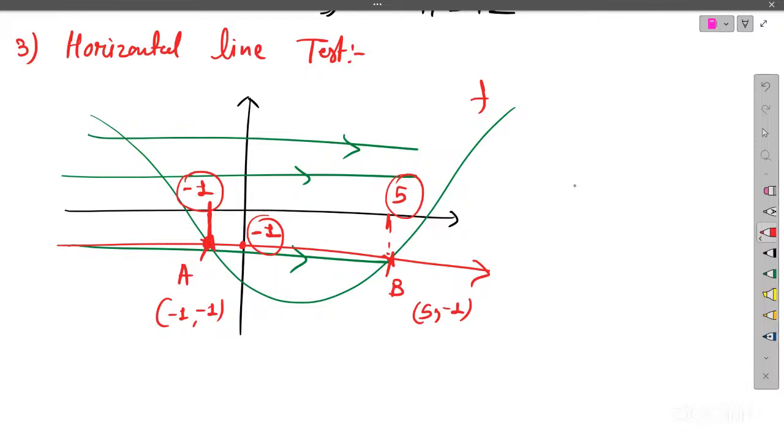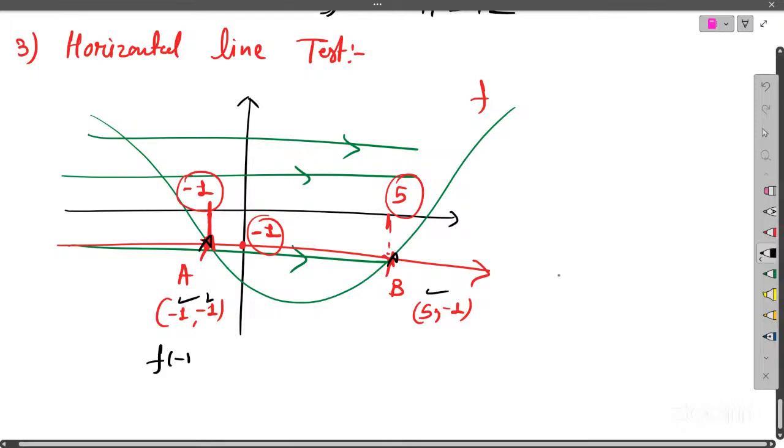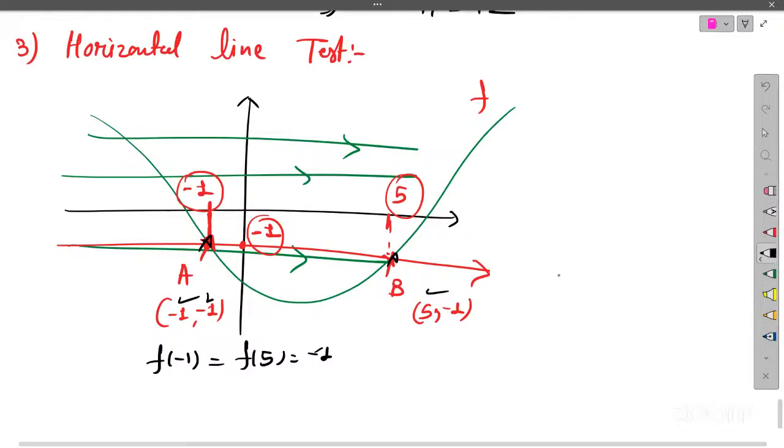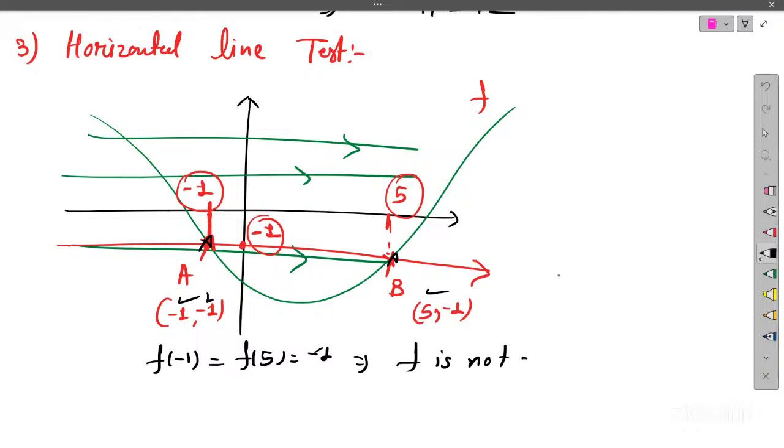So here what is happening, since this line is intersecting our graph twice, we are getting that for two distinct inputs, that means f of minus 1 is the same as f of 5, which is equal to minus 1. So that's why using the horizontal line test, we can say that it is not a 1-1 function. So it will imply f is not a 1-1 function.